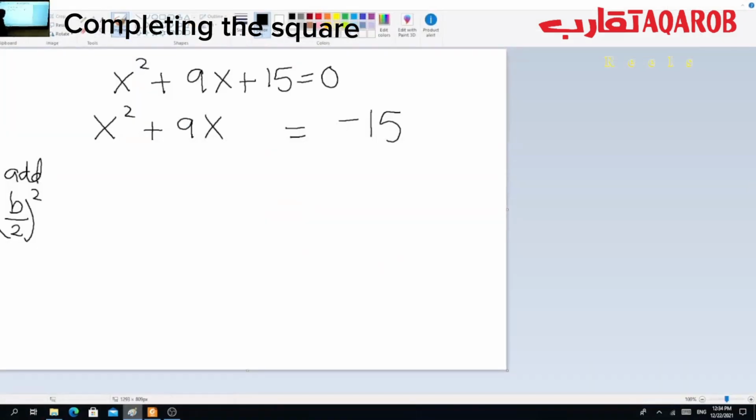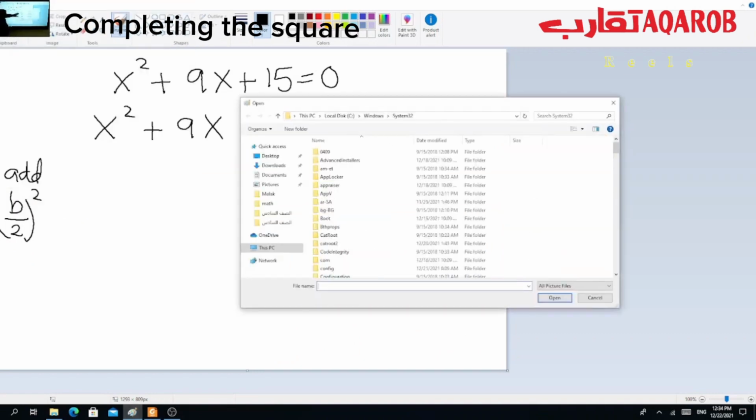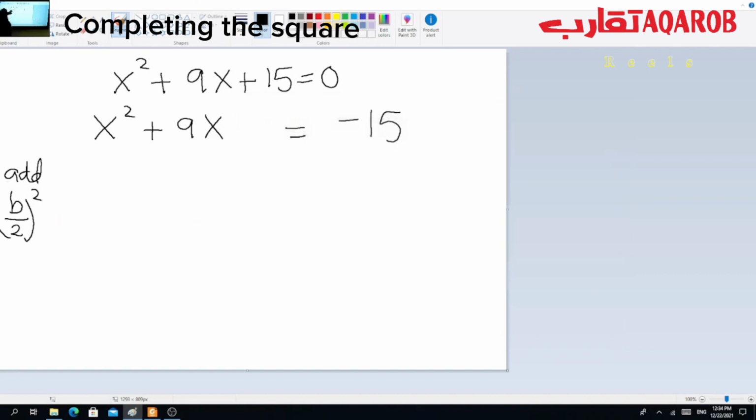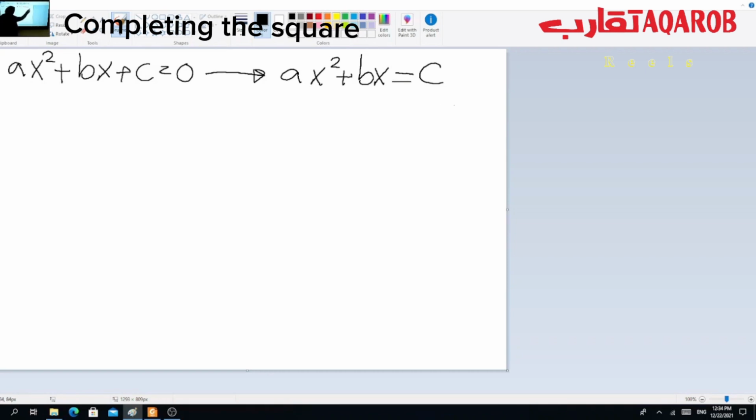I will write them. For the first step, you should reform your equation from the standard form ax squared plus bx plus c to be ax squared plus bx equals c.